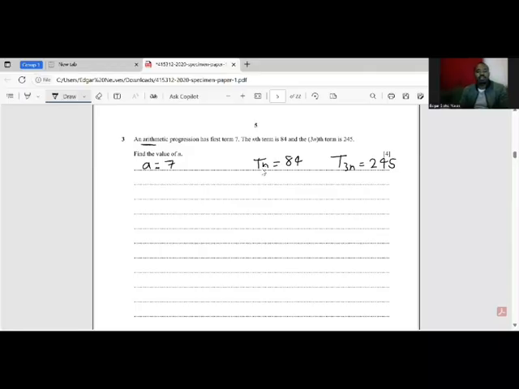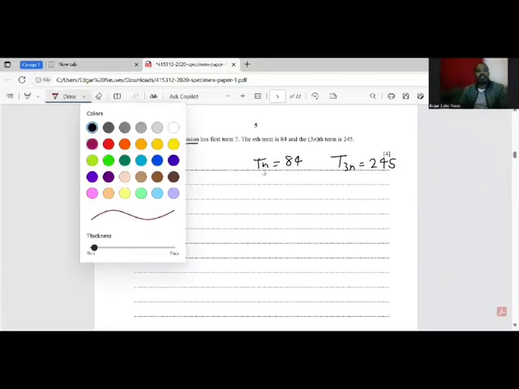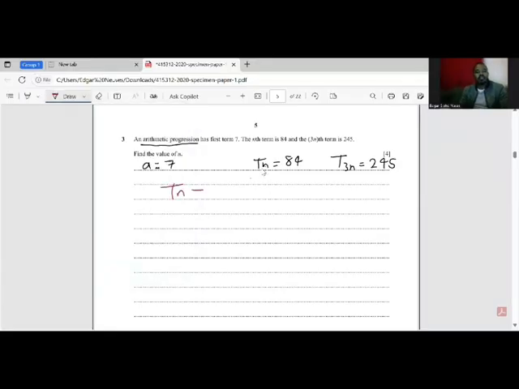They told me it's an arithmetic progression. And so I should know that the formula for an arithmetic progression is A plus n minus 1 times D. D is a constant difference, n is a position number, Tn is a term number, and A is the first term of the sequence. So we want to find the value of n.